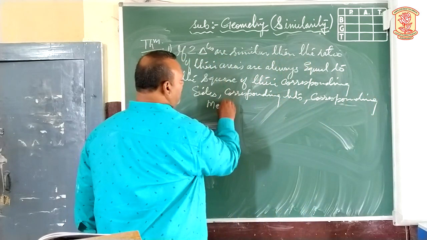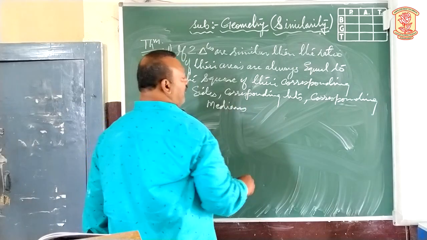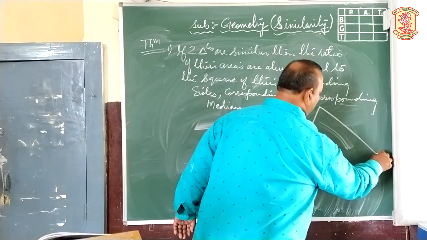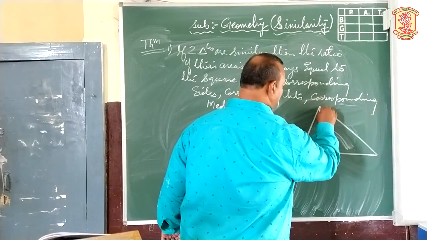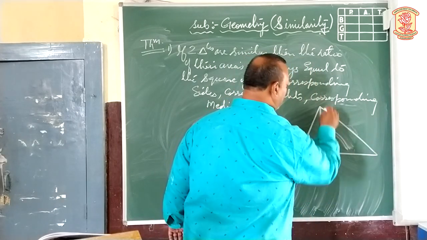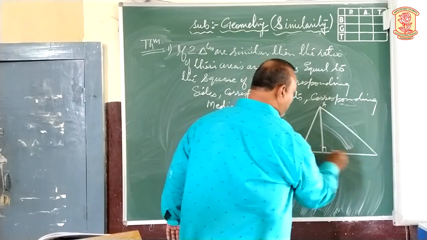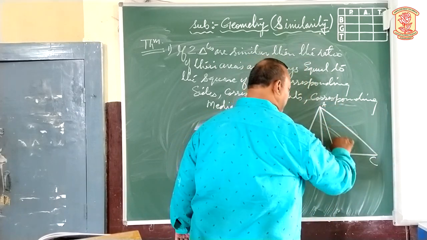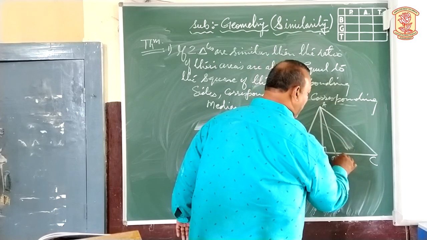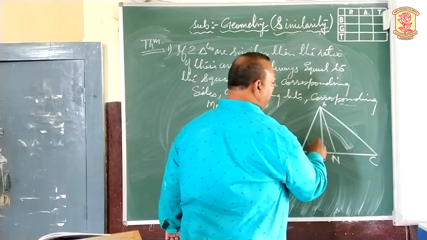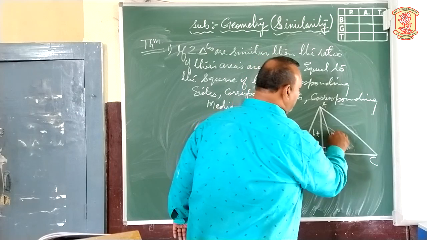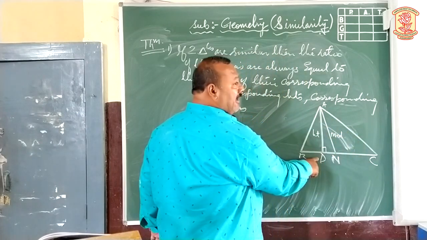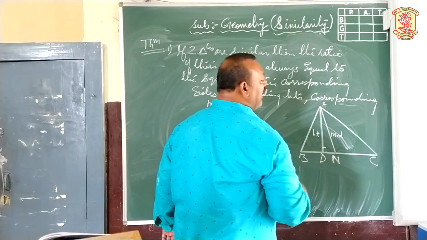Okay. For example, this is a triangle ABC, the first triangle, showing the altitude. Here it is A, B, C. Altitude is AD. Median is AM. This is the median, and this altitude is the height.